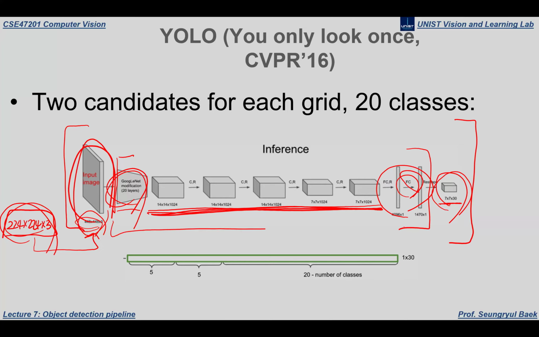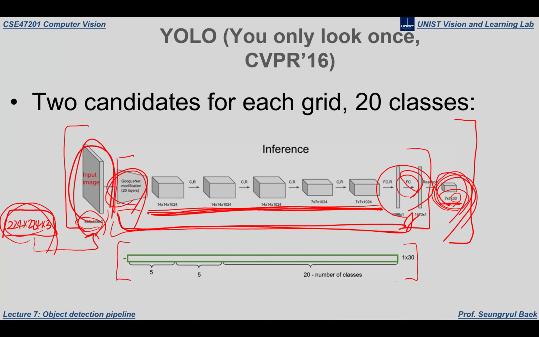So all of these intermediate layers are differentiable, so you can train them using the gradient descent optimizer. But the more important thing to note here is the 7 by 7 by 30 dimensional output. I will explain why 30 dimensions.